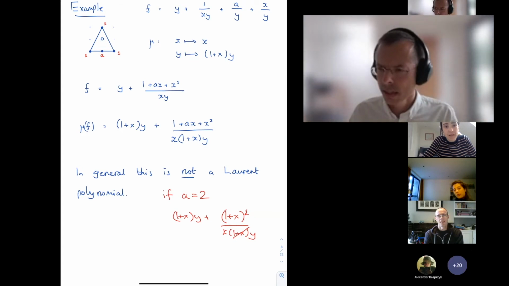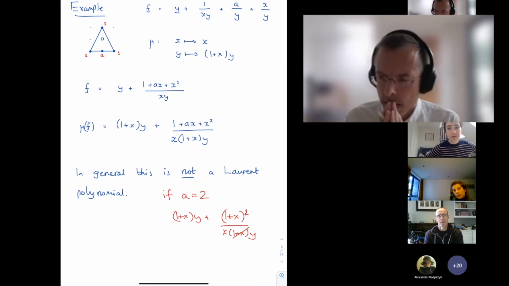Yeah, so a volume preserving birational transformation plus some additional condition for a composition of mutations, which we haven't yet entirely identified.